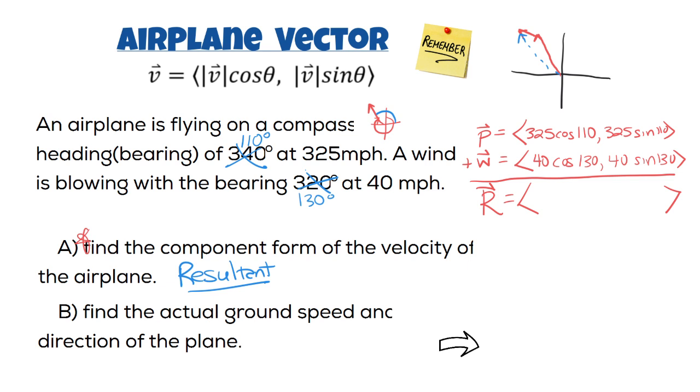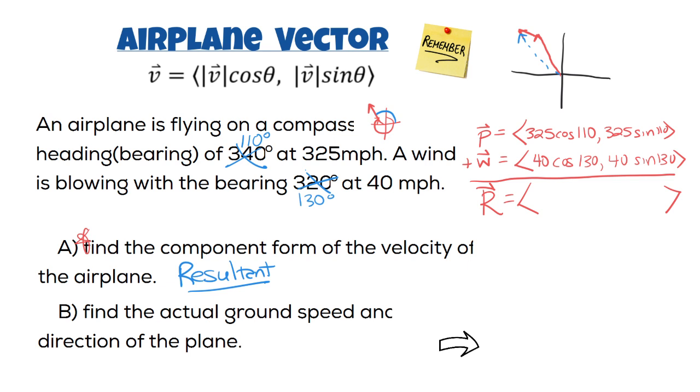Now, here's what I would do to save some time. I'm going to take this horizontal component plus this horizontal component, and it's going to get me my resultant. And I am going to do this all in one shot, and it's going to be a shortcut. So I'm typing in my calculator, so are you.